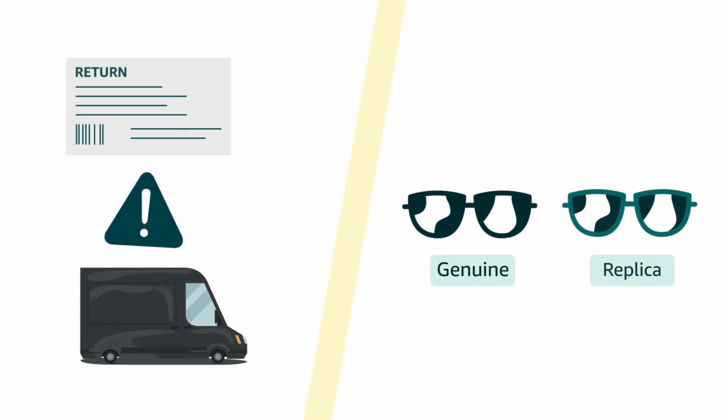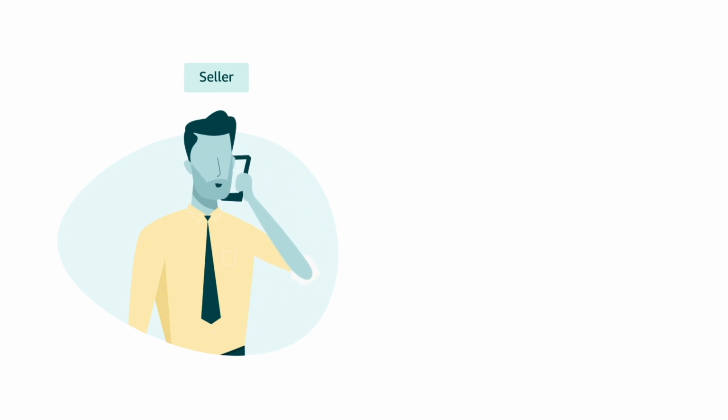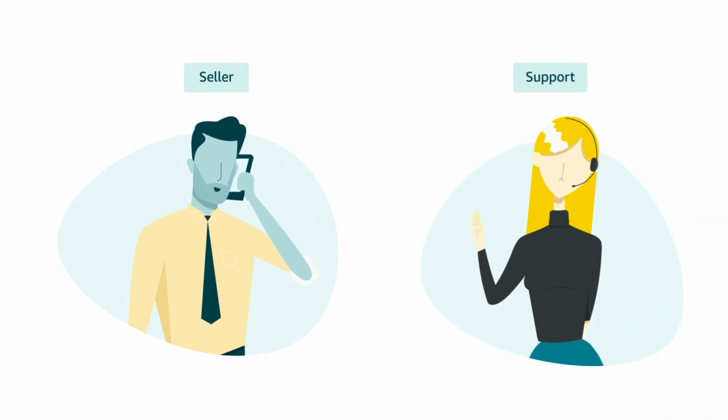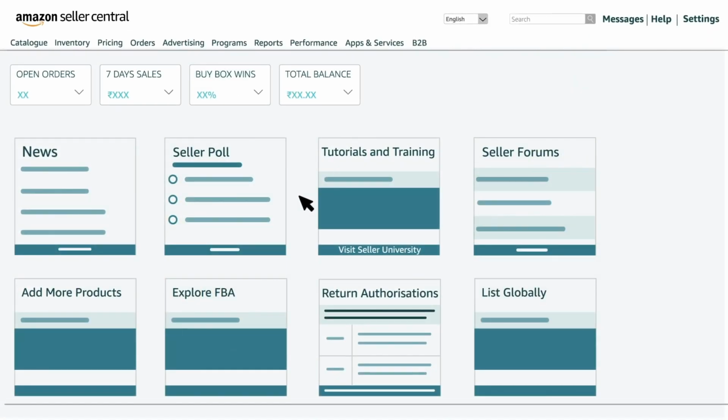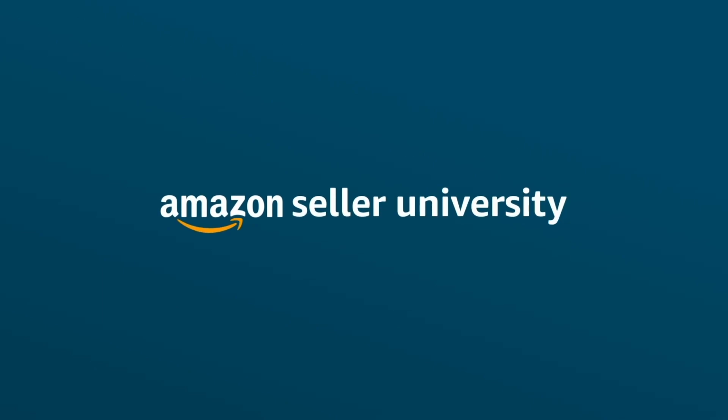Number 2, when the item shipped is not a genuine item. For self-ship or pure MFN returns, you may have to manually authorize the return request. You can find the orders for the manual return authorization on the home page of Seller Central under the Return Authorizations tab. That wraps up our video on managing customer returns on Amazon.